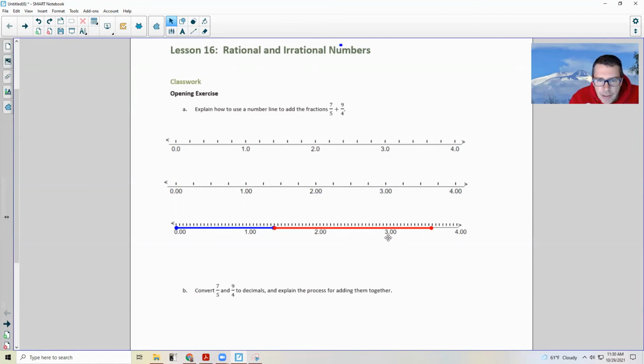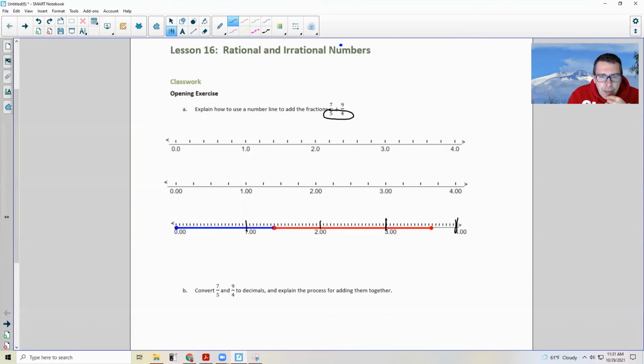And that will take us out to, and this isn't marked real well, 3 is right here. Here's 2. And here is 1. Then 4 is right here. So this is broken up into 20ths. Our common denominator of 5 and 4 is 20.